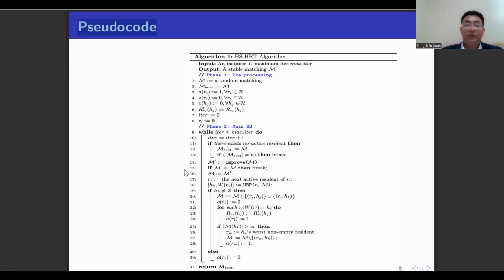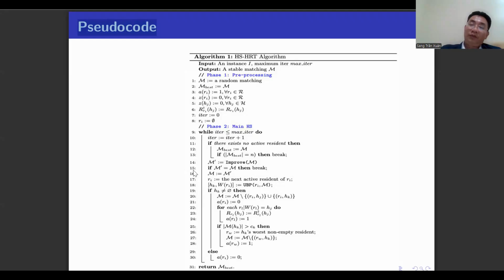And we try to maximize the number of residents assigned to hospitals. To do this, we propose a strategy to improve the stable matching size by promoting undersubscribed hospitals and unassigned residents at the same time, without restarting from a random matching. As you can see here, it's the pseudocode of the HSHRT algorithm.